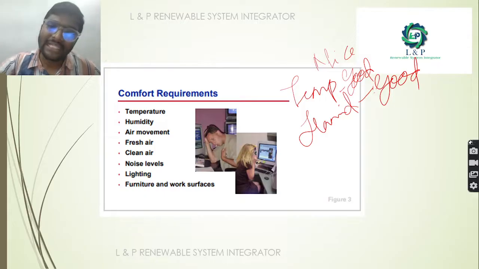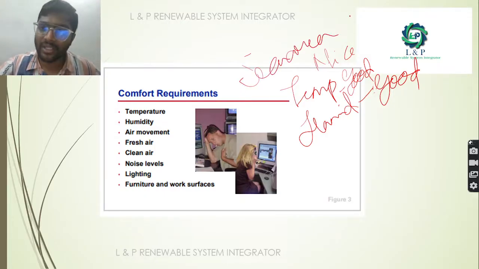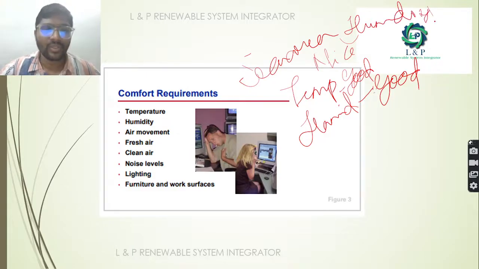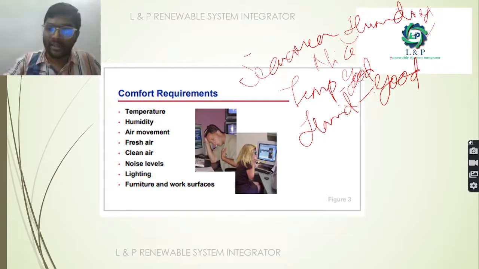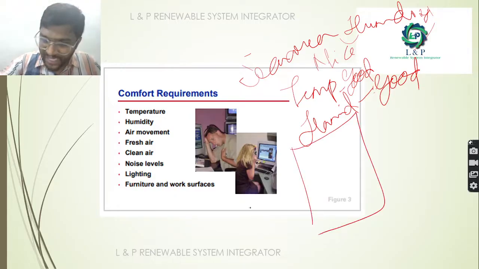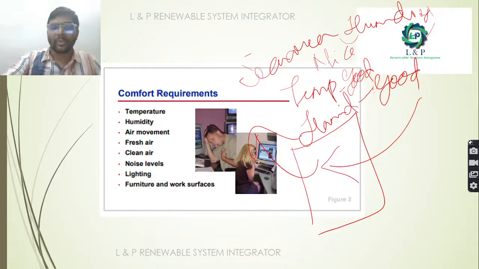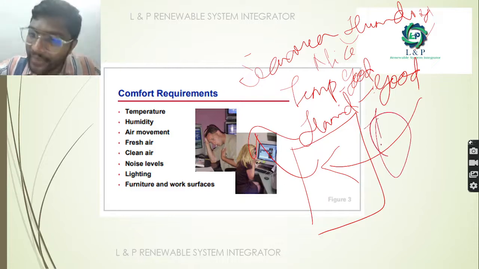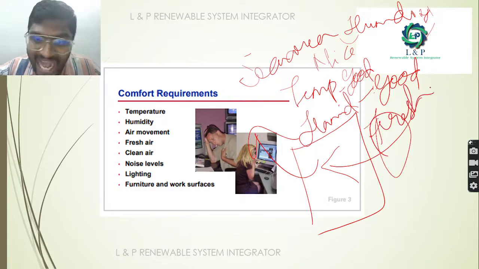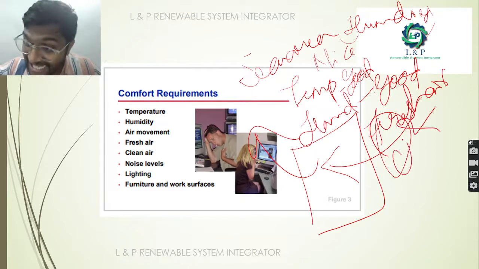When you go to the sea areas, near those locations, there is a possibility of high humidity in the rooms. And also air movement should be there. If there is a room, there should be a sufficient supply air, and also a provision for exhaust air to go out. There should be air movement, and most importantly the air that we are receiving should be fresh air, that is fresh and clean air.